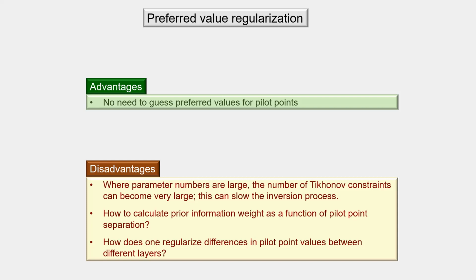Homogeneity is a good fallback position, but it's only being applied on a layer-by-layer basis. Entire layers can still vary up and down, and they're not being actually regularized with respect to each other. So this leaves some gaps in the preferred value status of parameters that Tikhonov regularization seeks to apply.